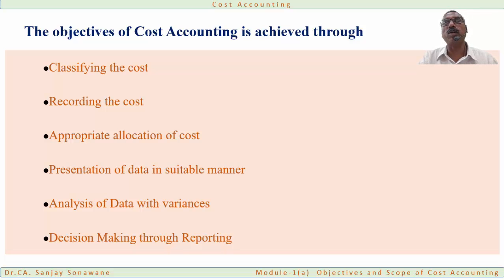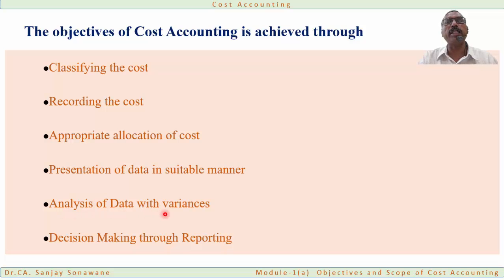So in financial accounting, this is the way of presentation. In cost accounting, there is another way of presentation that we will be learning by way of a cost sheet, where the cost sheet is broken up into various parts and the data is suitably arranged.